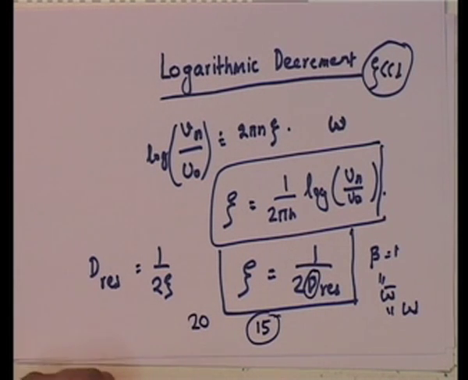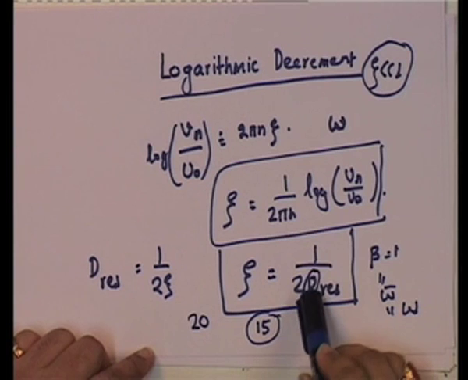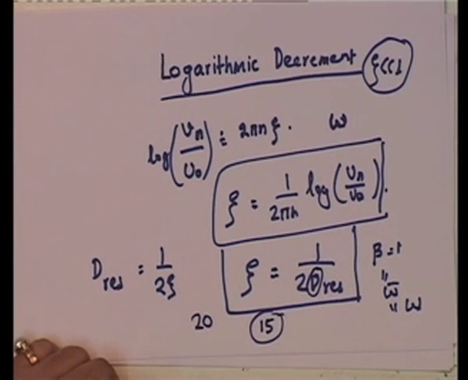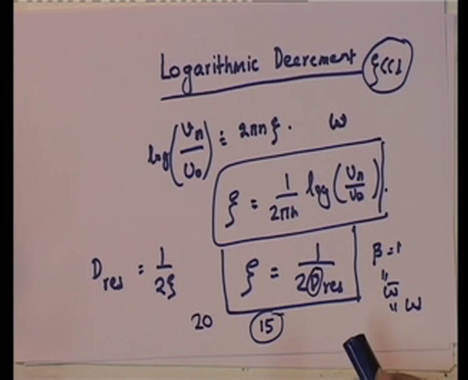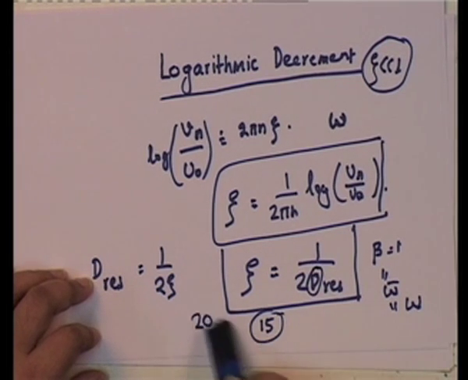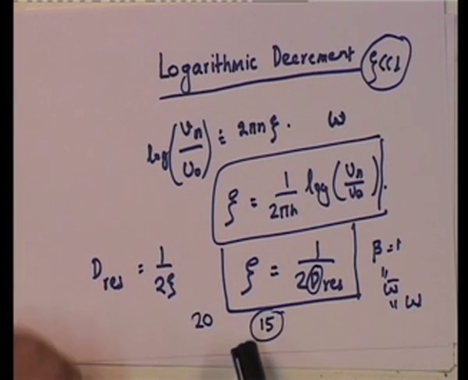If you use 20, it becomes 1 upon 40, so that is 2.5% damping. Whereas if it is 15, it becomes 3.3% damping. You have almost a 33% error in the estimation of xi, purely because you couldn't exactly get the value at resonance.